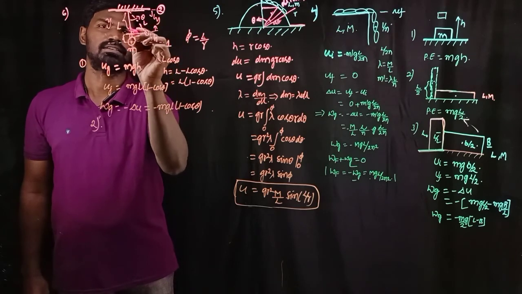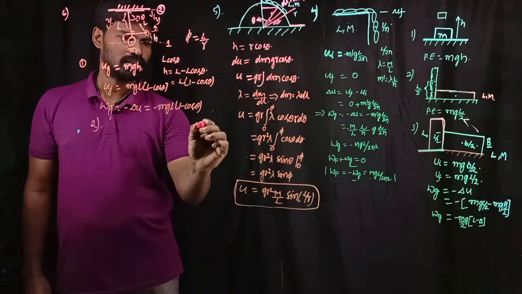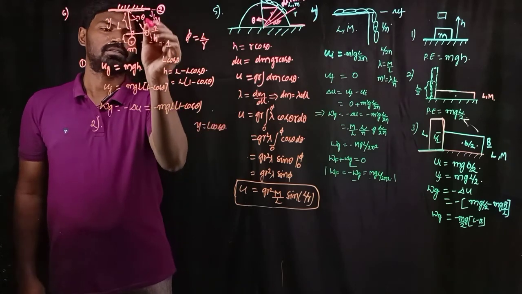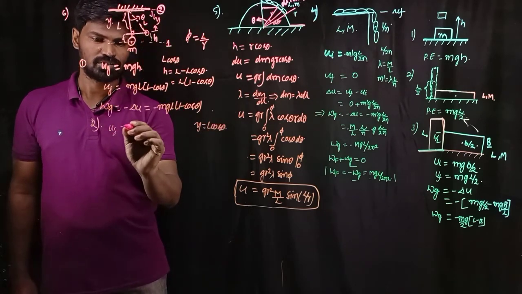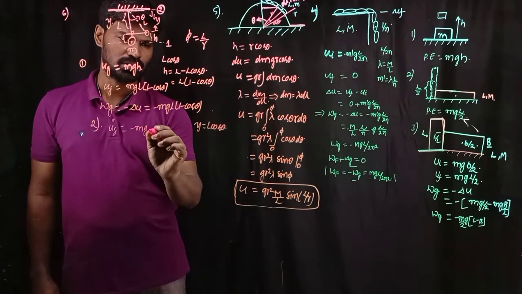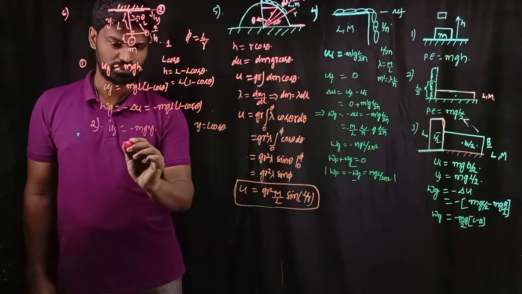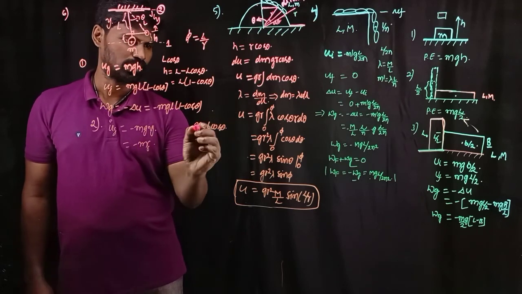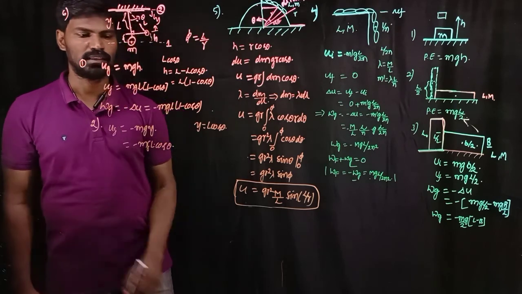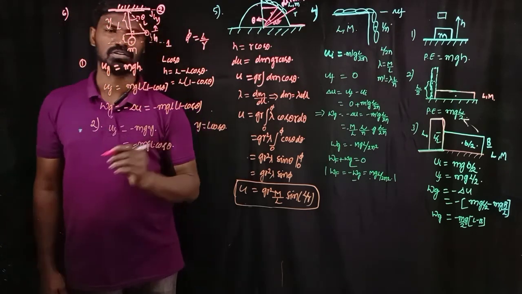Already I calculated it: y is equal to L cos theta. As the bob is lying below the reference line, the potential energy Ug is equal to minus mg into y, which is minus mgL cos theta.